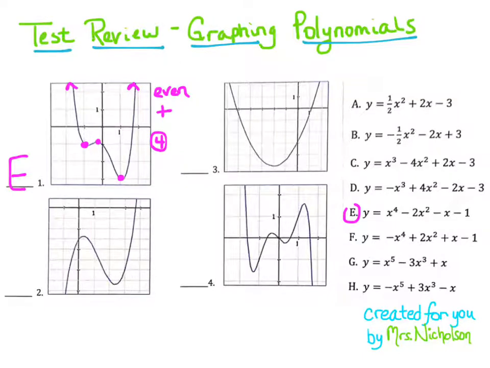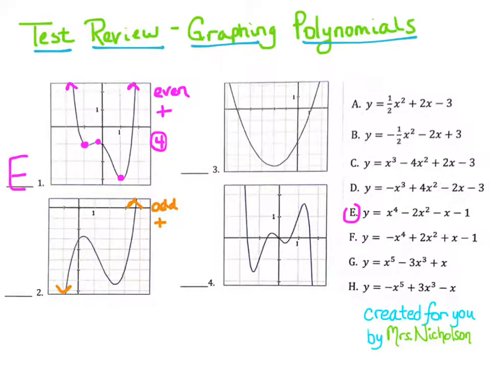All right, let's look at number two. Again, I'm going to start with the end behavior, and this end is going down, the other end is going up. My ends are going in opposite directions, and so that means that I should have an odd degree on this one. We're starting at negative infinity and ending at positive infinity, and so this is a positive graph.